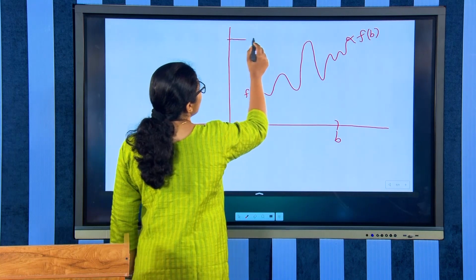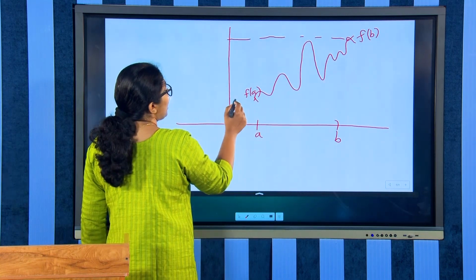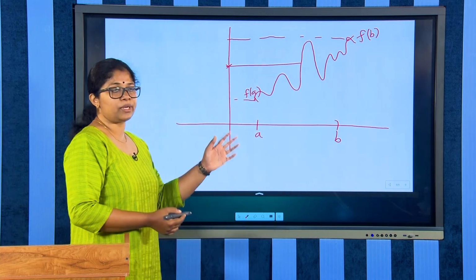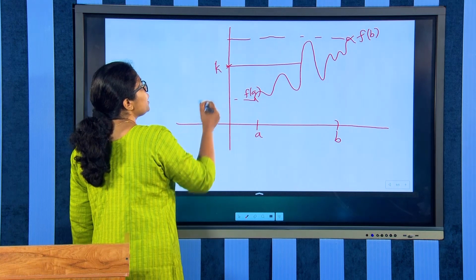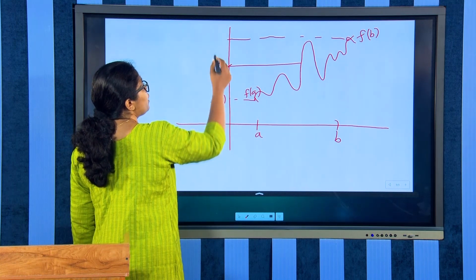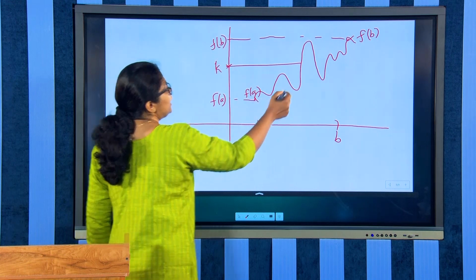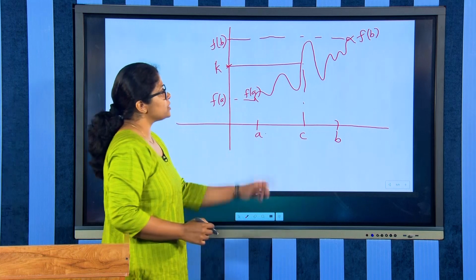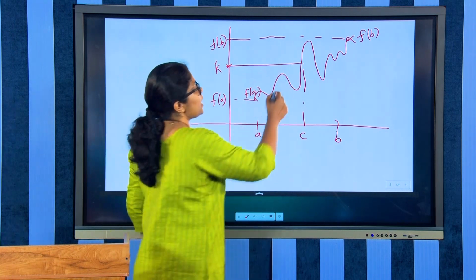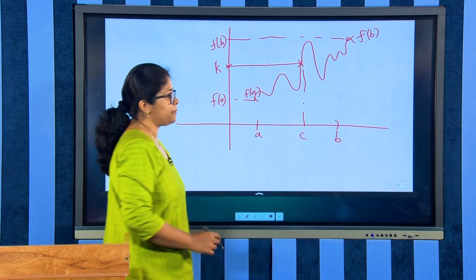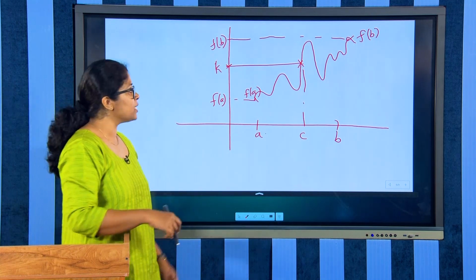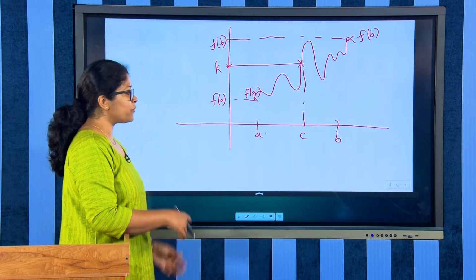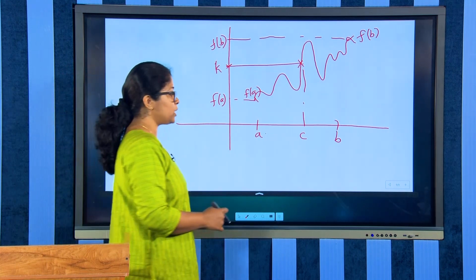For any value k between f of a and f of b, definitely there exists a point c between a and b such that k is exactly equal to f of c. So that is what the intermediate value theorem says. The proof of this theorem follows from the location of roots theorem.